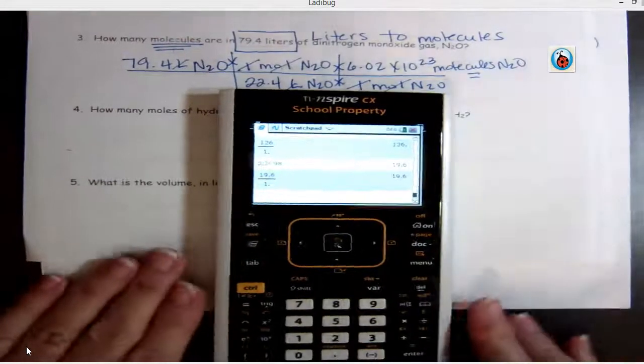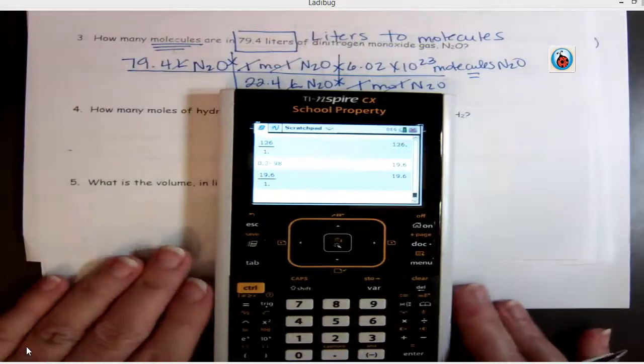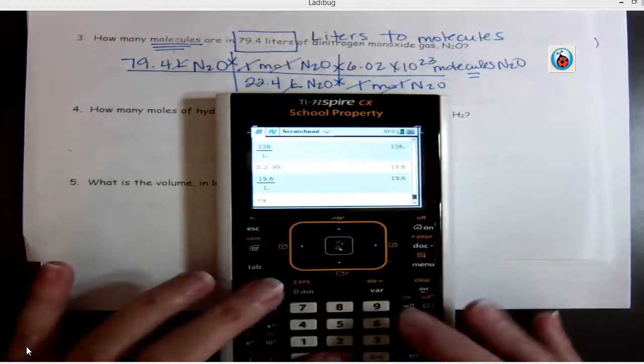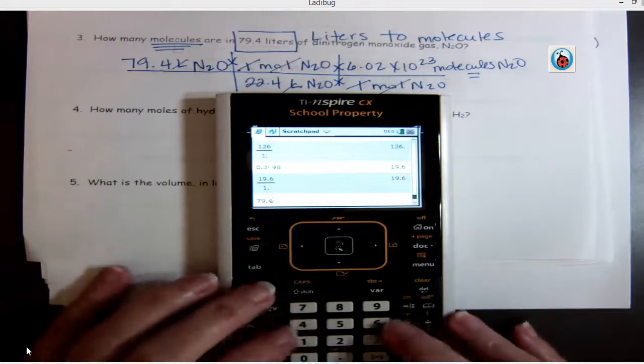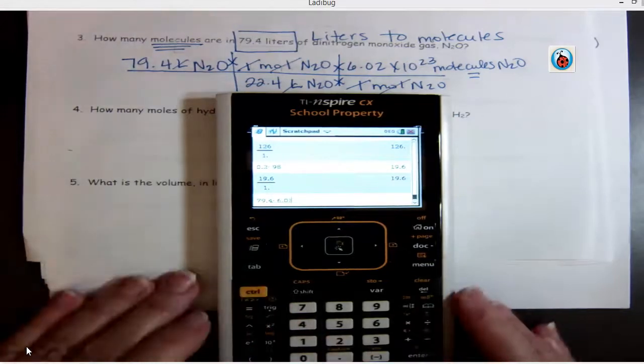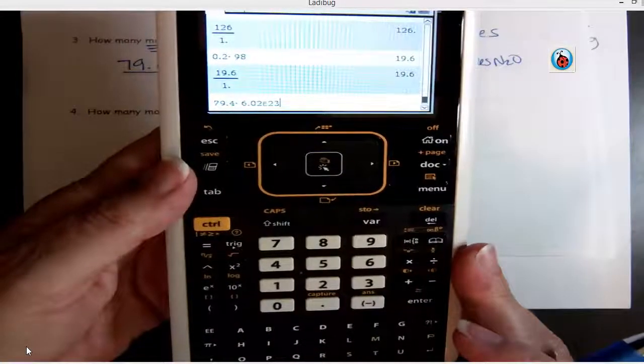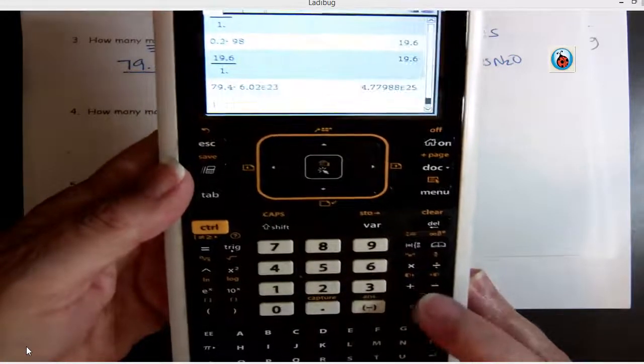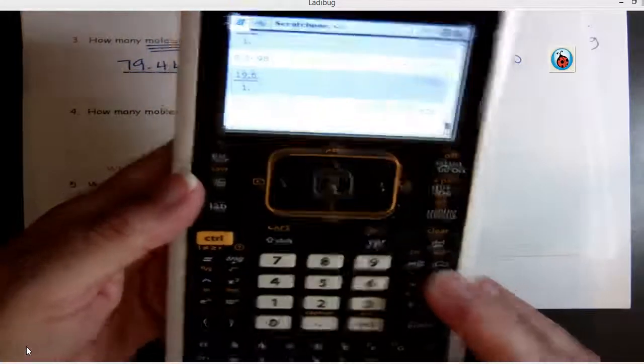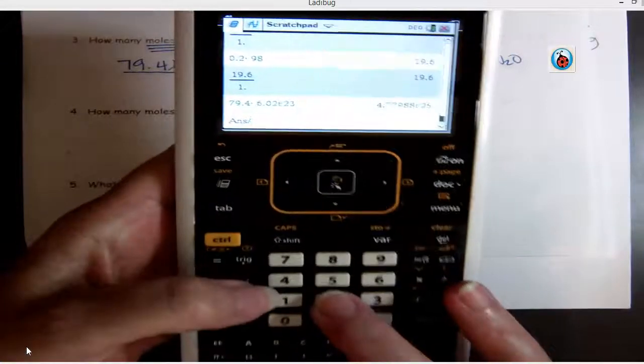So let's do that. I'm going to put this in my calculator. Can everybody see my calculator? 79.4 times Avogadro 6.02. Again, the EE button, 23. Okay, so I've multiplied there. Enter. And I'm going to divide that by the bottom, which was 22.4.